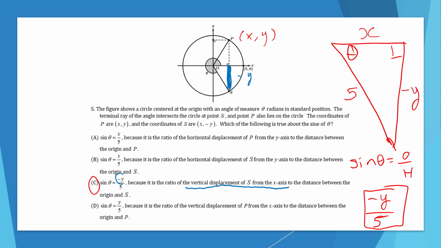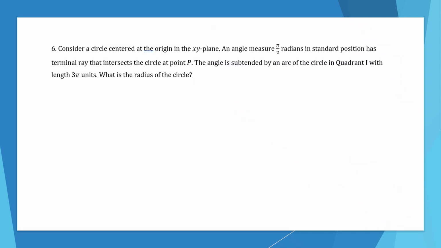So here, that was -y, and then 5 is the distance between the origin and S. That's going to be our radius, just the distance between those two points. And so it's just the ratio of those two, -y over 5, and that is aligning with the definition. So be careful. There is a chance you may just see definitions on the quiz, so just be on the lookout for that.